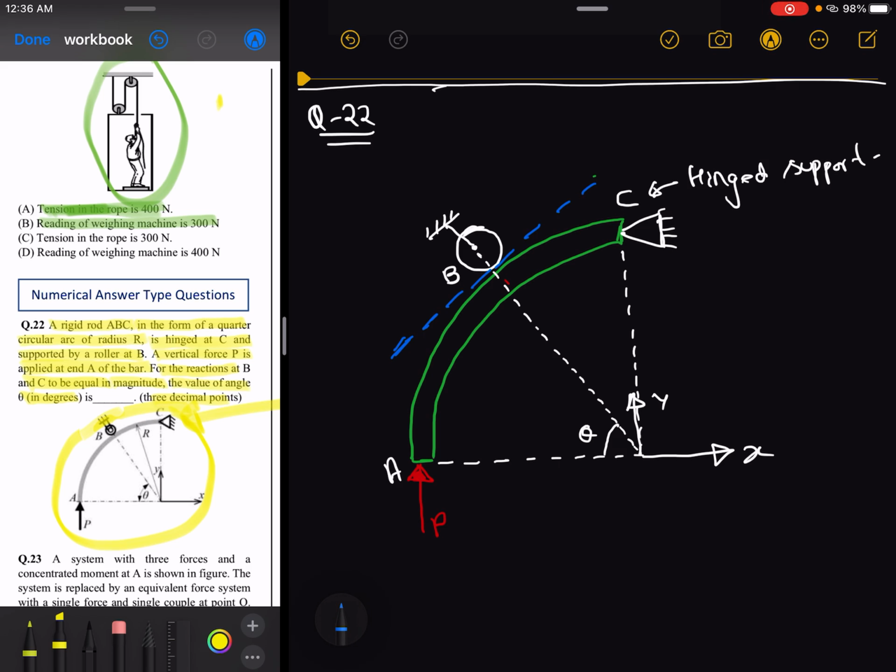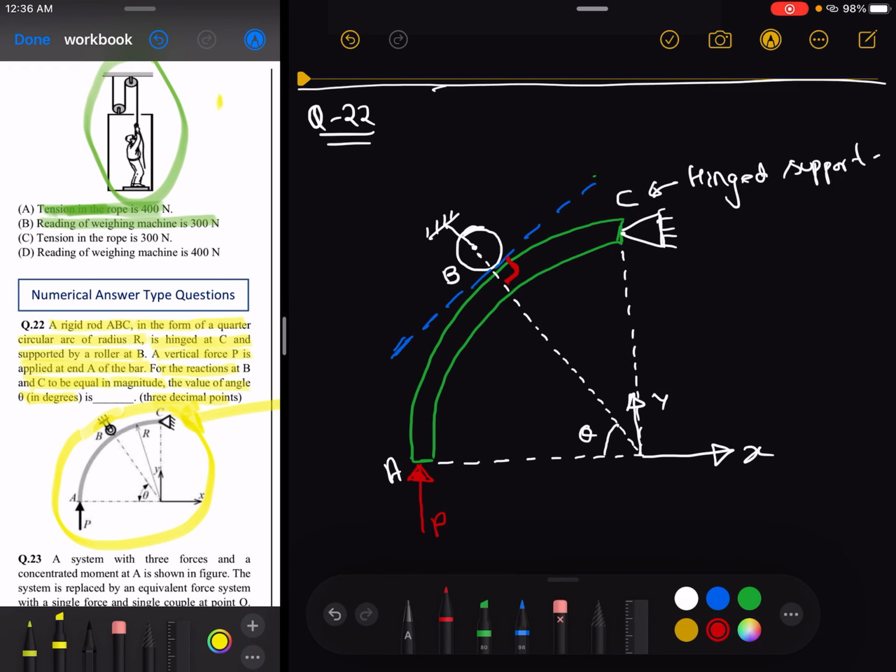So it is 100% sure that from the properties of the circle, this angle will be 90 degrees. Clear? And we have mentioned in the first class of our engineering mechanics that the support reactions are always perpendicular to the point of contact.